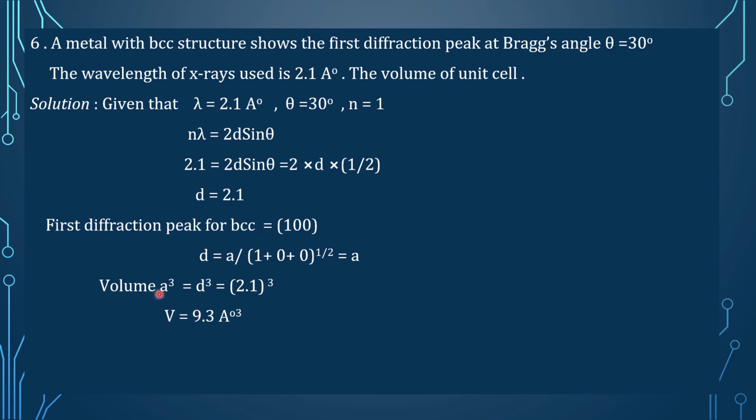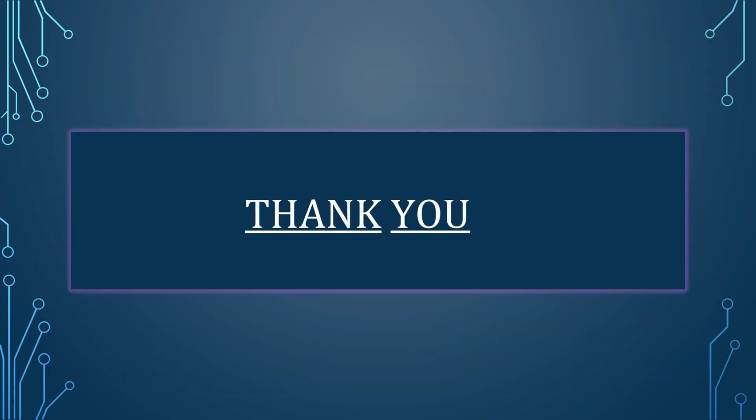So here it is d equal to A, so we can write A cube equal to d cube. Already the value of d is here, d equal to 2.1. So A cube will be equal to 2.1 angstrom the whole cube. So we get V equal to 9.3 angstrom cube.